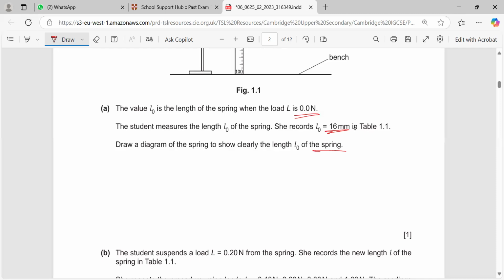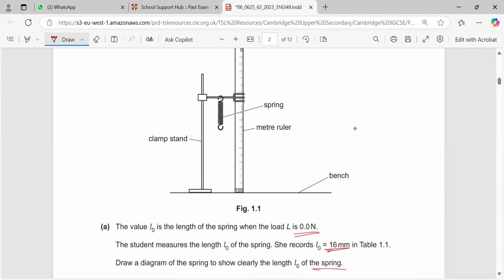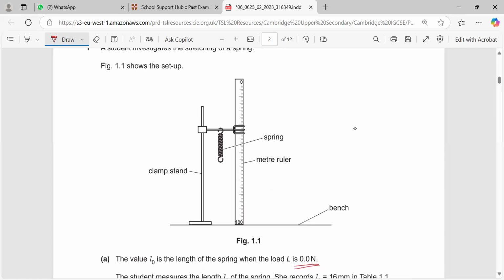In this length, we are not going to use the hook's length as we discussed. So only this is the length of the spring which we can measure.